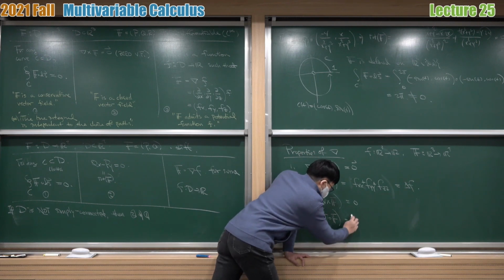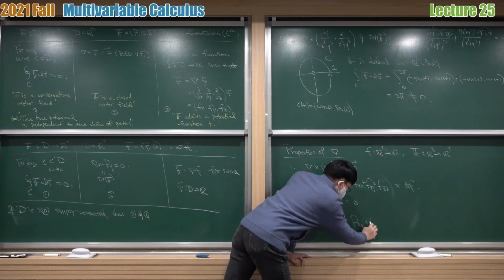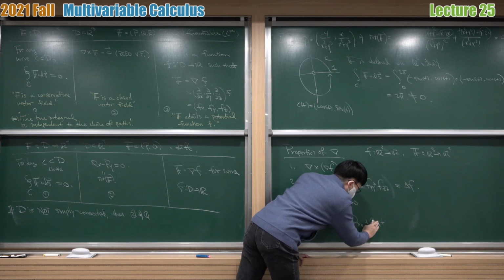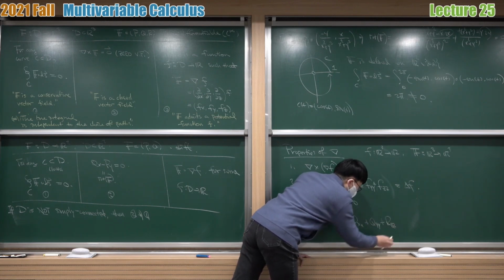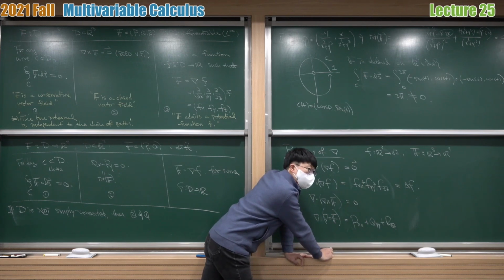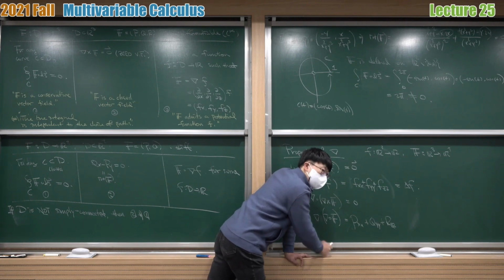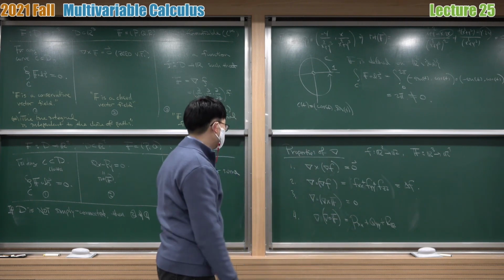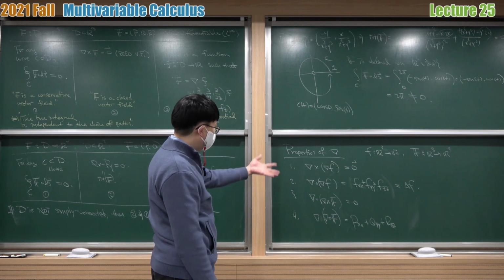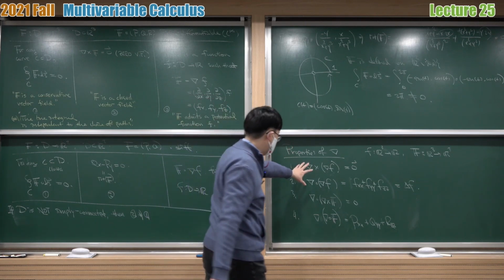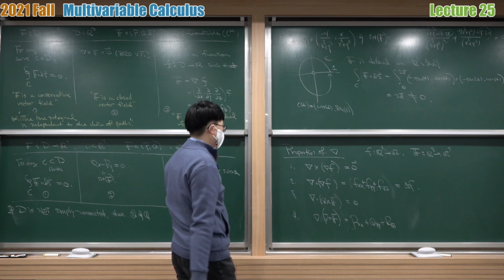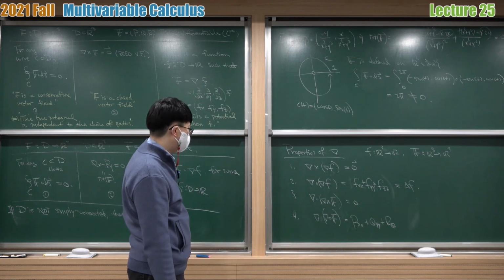We can just take Pxx, Qyy and Rzz. So that's just simply taking second partial derivatives, right? Okay, so simple. Anyway, it's important to know whether you can or you cannot take these operations.